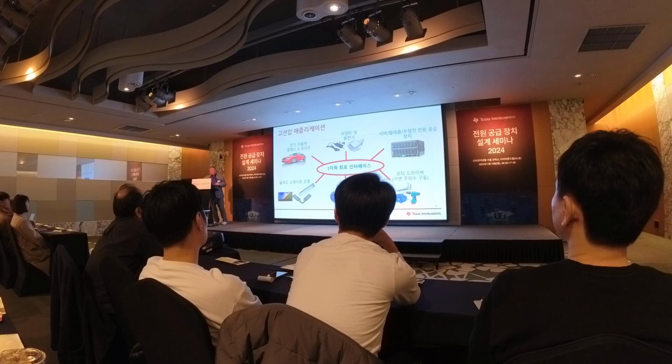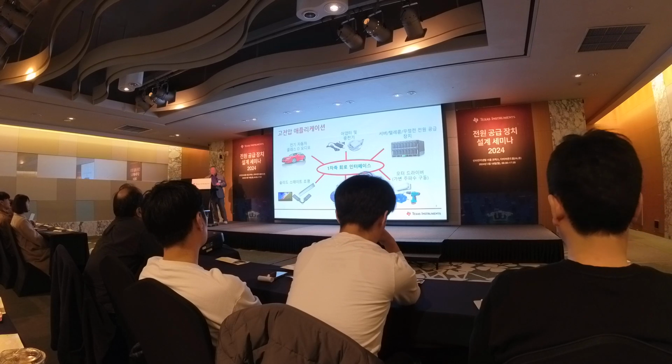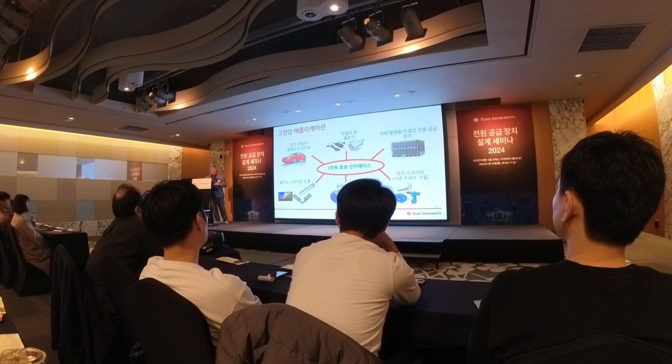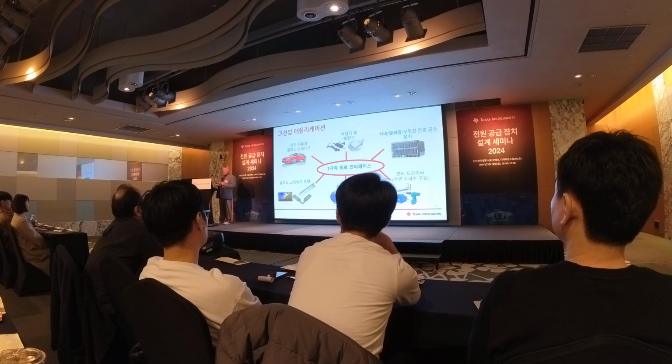Some other examples: server telecom power supplies, power tools, refrigerators, all of your home appliances, renewable energy, solar panels, EV, and even lighting, different LED lighting, solid state lighting as well.